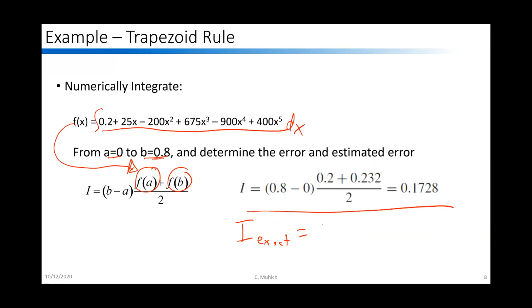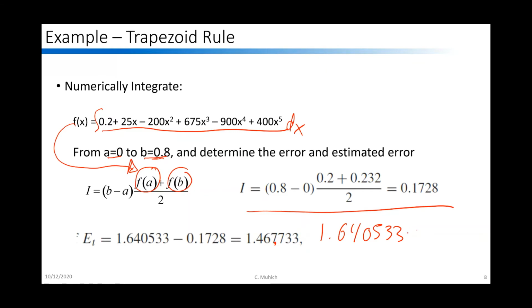If I do this, I end up getting 1.64053. I can now get the true estimate for that error. Maybe I'll put this over here, I exact. So this gives me a true error of 1.46. This isn't the percent error, just the actual true error.